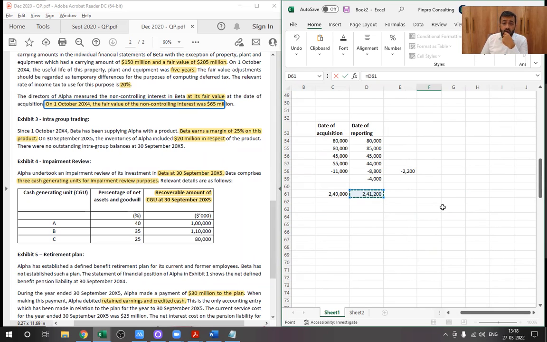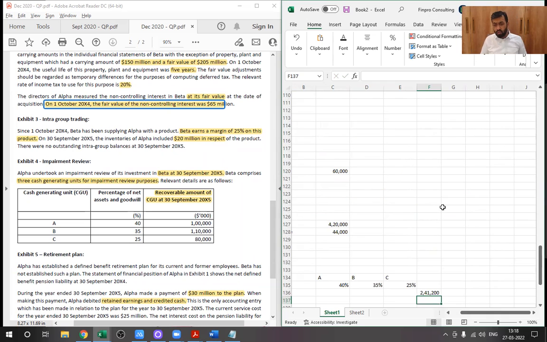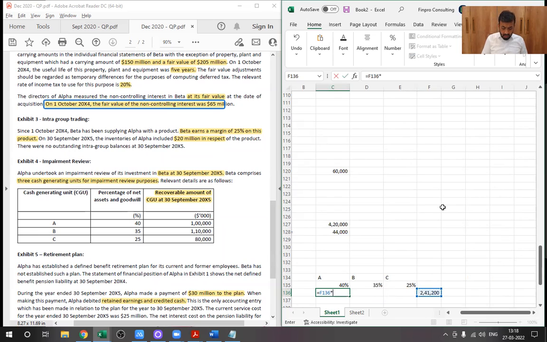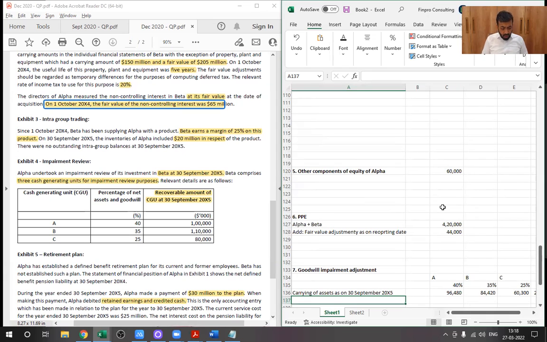The net worth, or the carrying value for consolidated financial statements as on the date of reporting, is this 241,200. This I will have to allocate in this ratio. So this is multiplied by, and we'll have to calculate this for all three CGUs. Total should be 241,200.